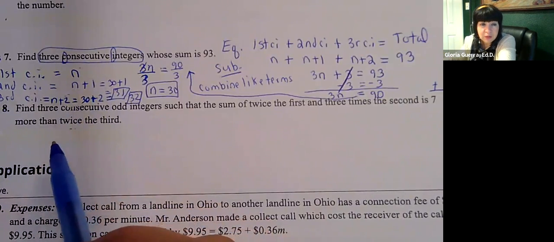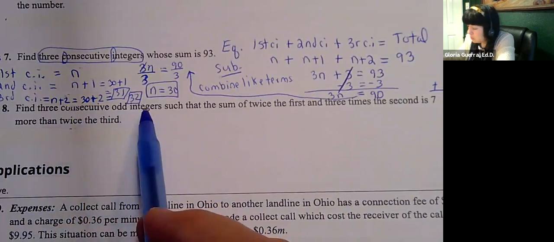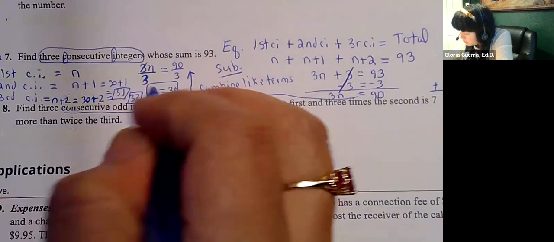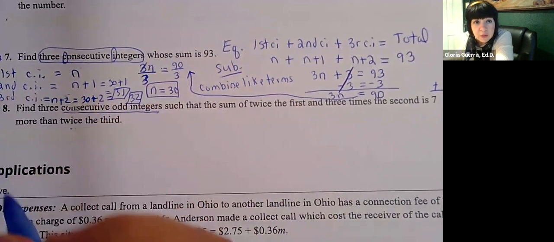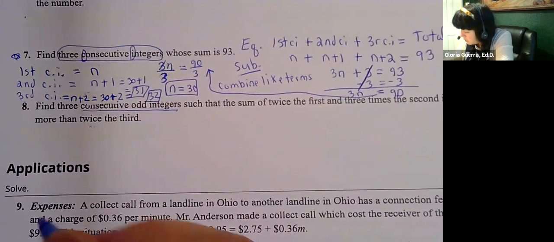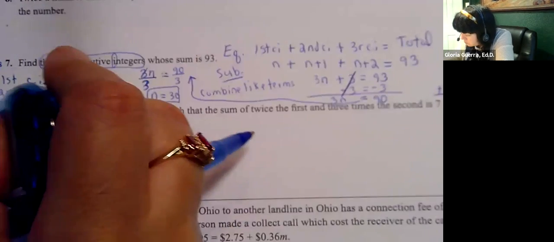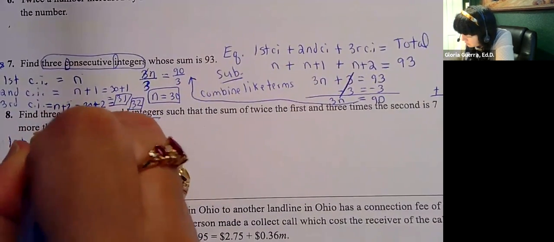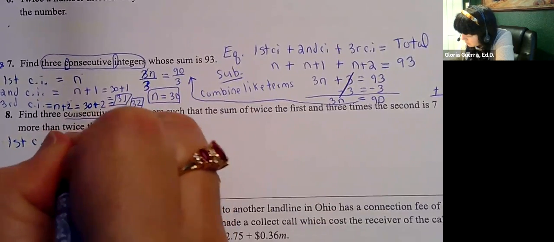And look what's happening here. They want you to find 3 consecutive odd integers. So you're working with consecutive odd, and you know you have 3. So in your label, you should start off with first COI equals n.